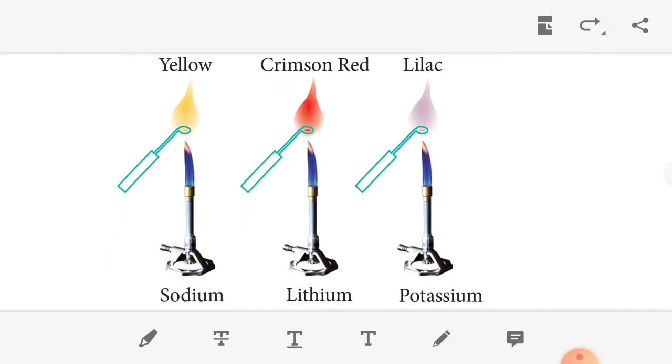So this is sodium, the yellow color; lithium, crimson red; then potassium, lilac color.